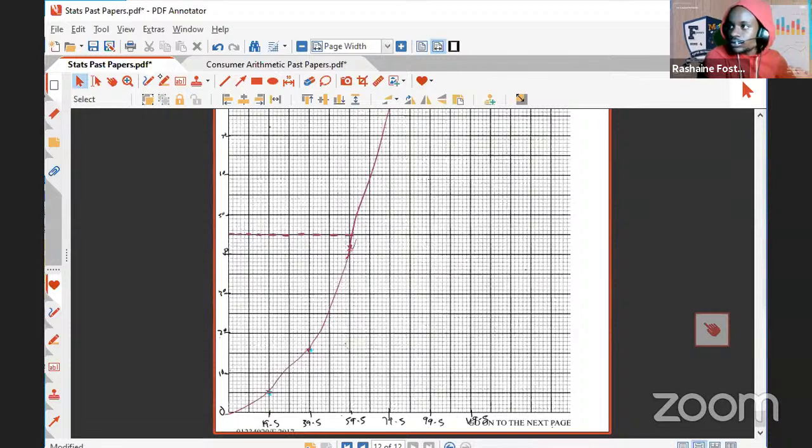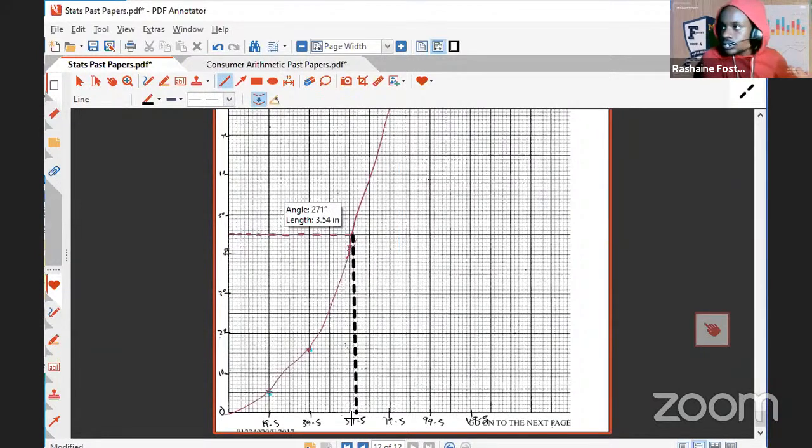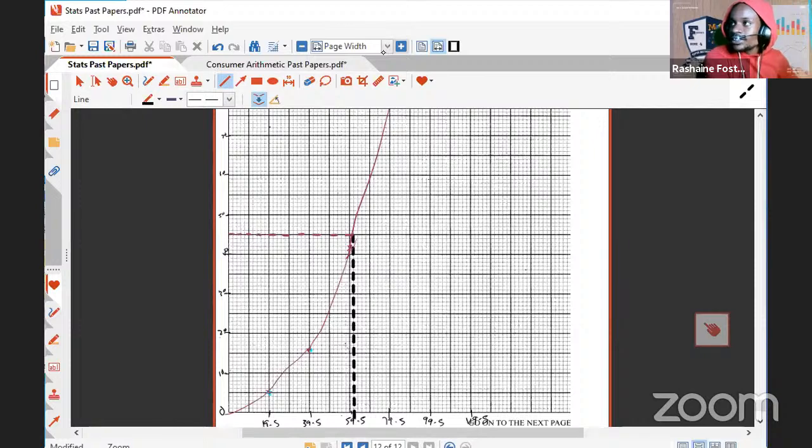You draw a vertical line down. Again, mine is not drawn perfectly to scale. Let me look at what I am getting, and you tell me if you're getting the same thing.